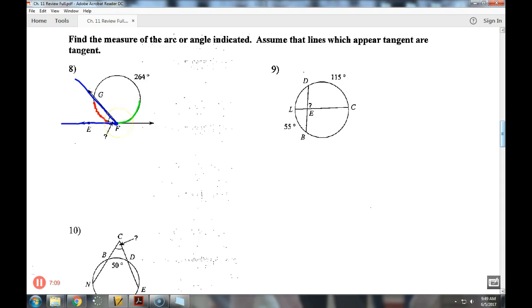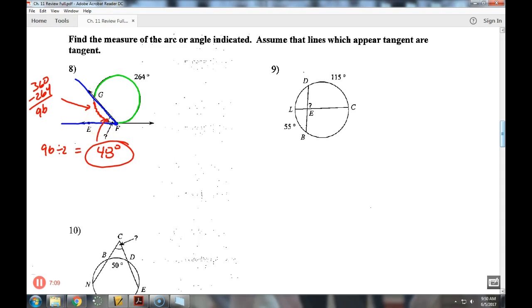So luckily they give me the green, which is 264. So I can find out the red. It's 360 minus 264. That's 96. And then I have to work backwards. So the angle is going to be half of 96. 96 divided by 2 would be 48 degrees. So that angle right there is 48 degrees.